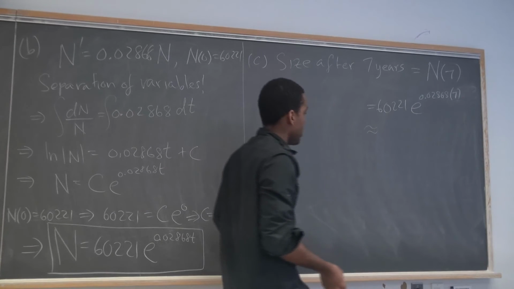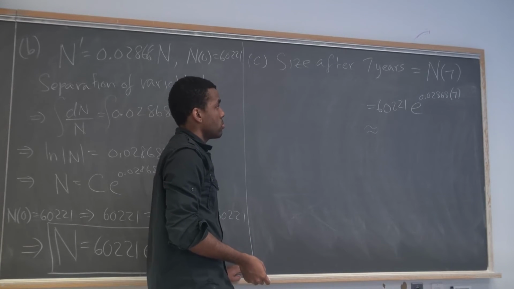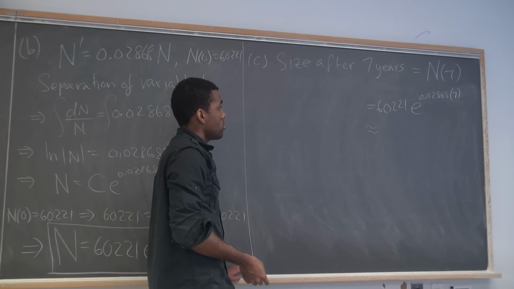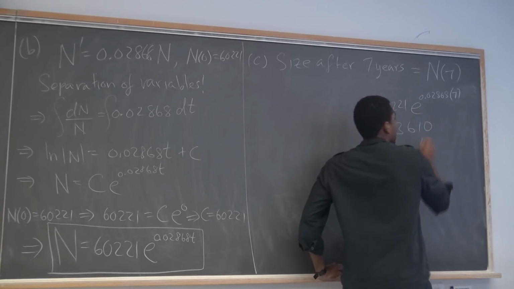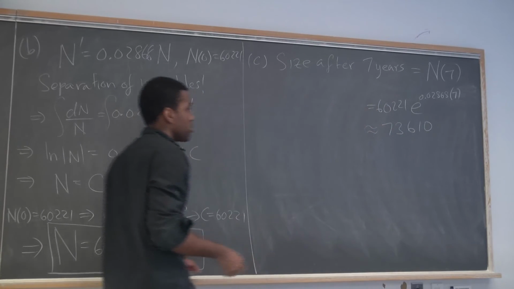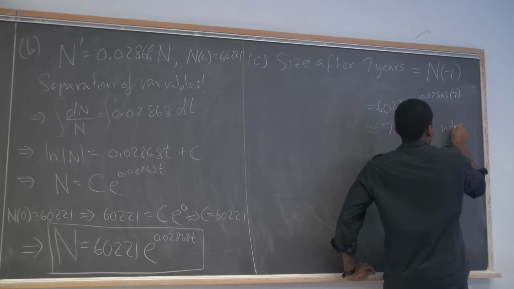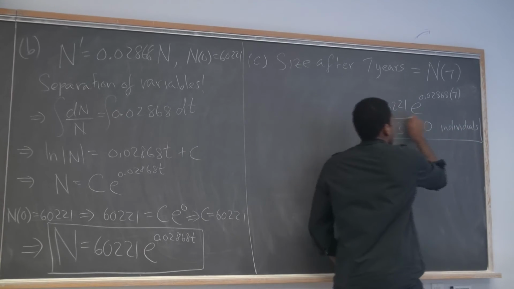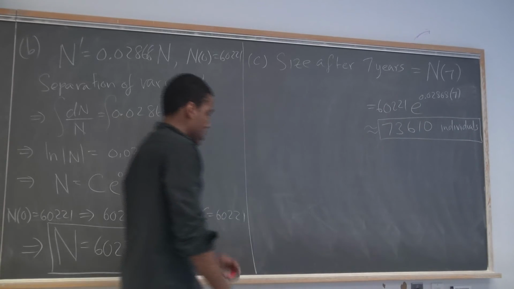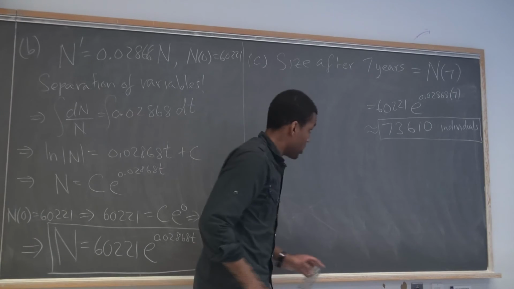Give me an estimate on that. 73,610. So with this sort of growth, after 7 years, there will be 73,610 Jhevonians.